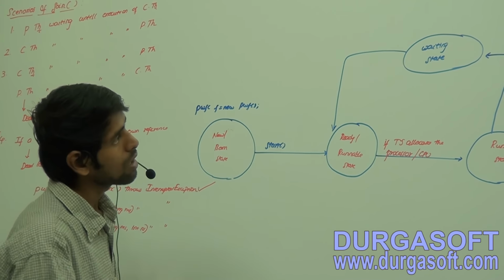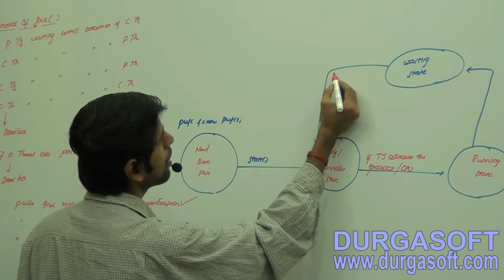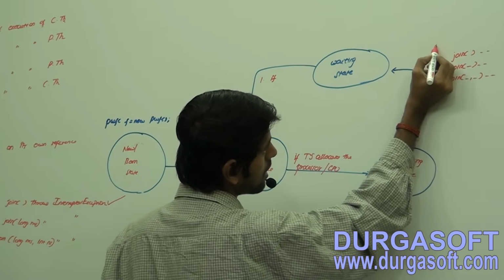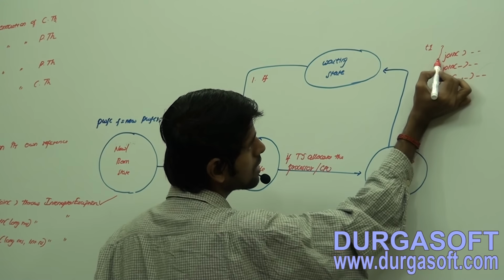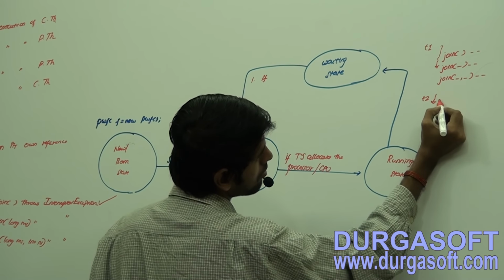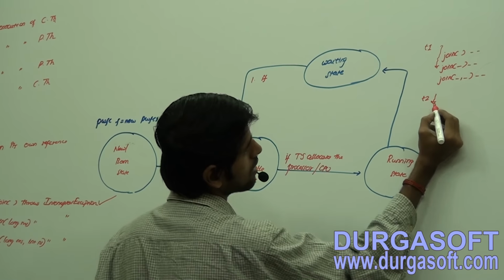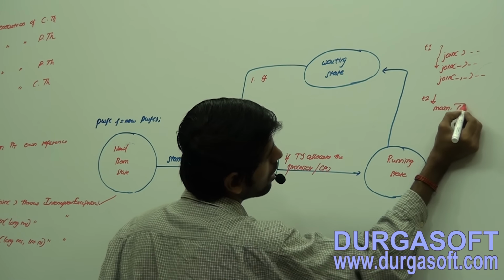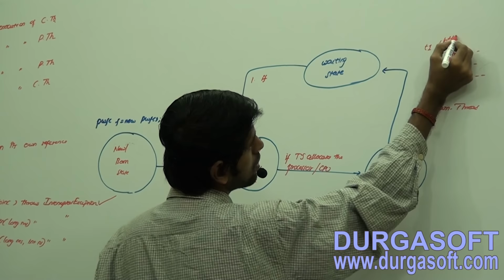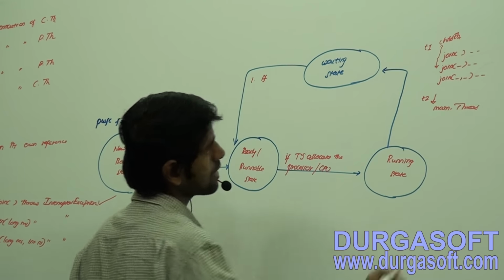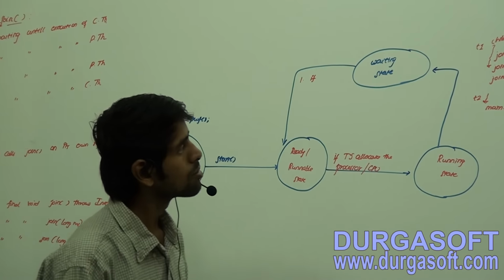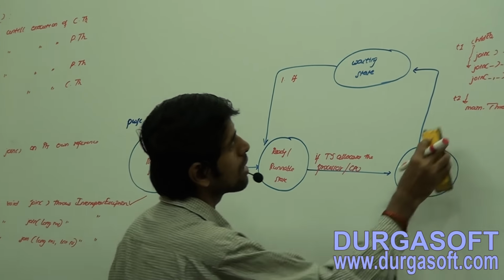Now see here, what is going to happen? Think that on thread 1 we have called all these methods, and let T2 be the main thread and T1 the child thread. Understand that point.